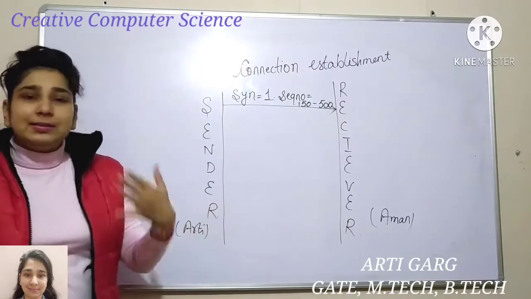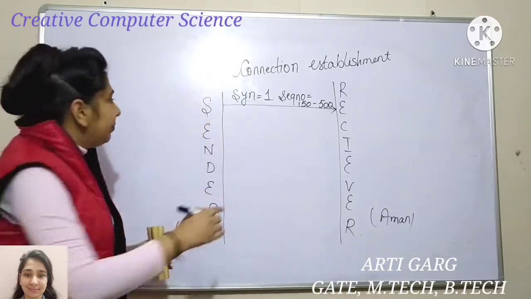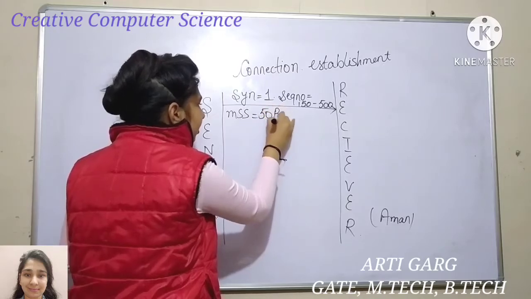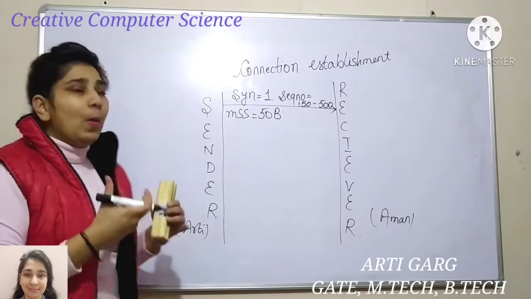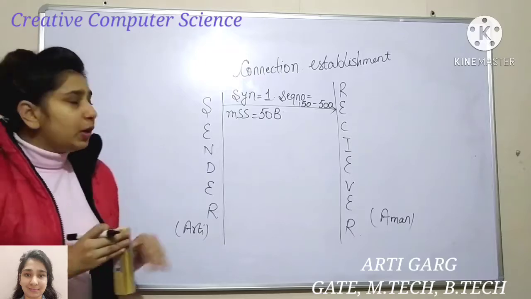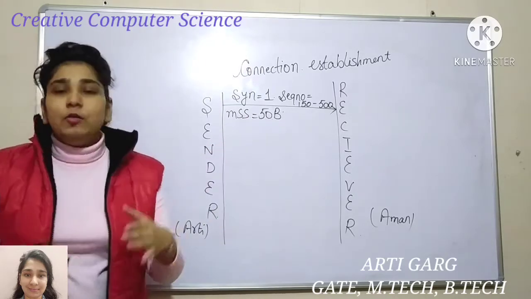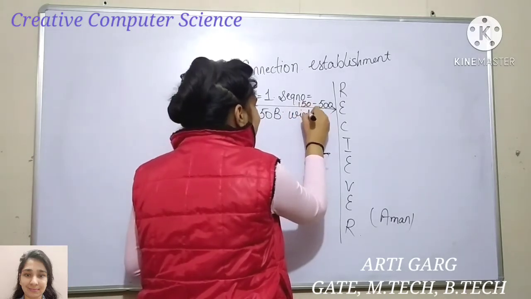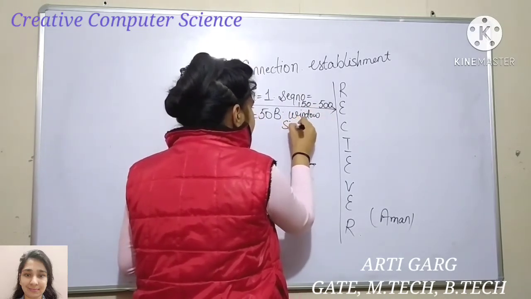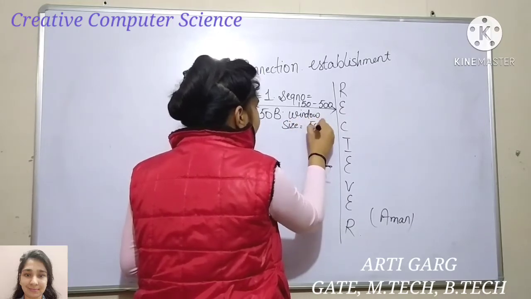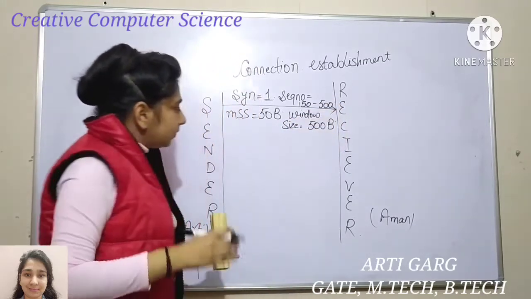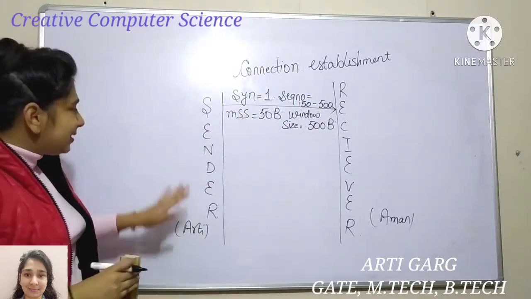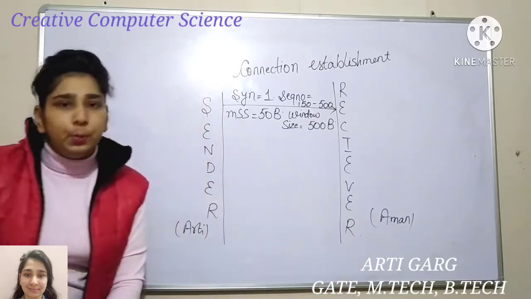And the sender will tell the receiver that my one segment size or packet size is going to be 50 bytes, and my window size is 500 bytes.